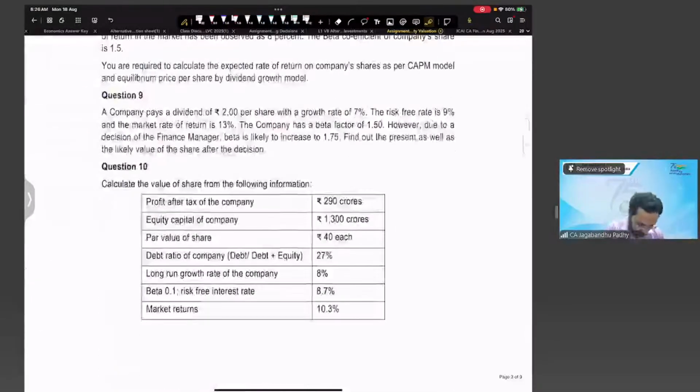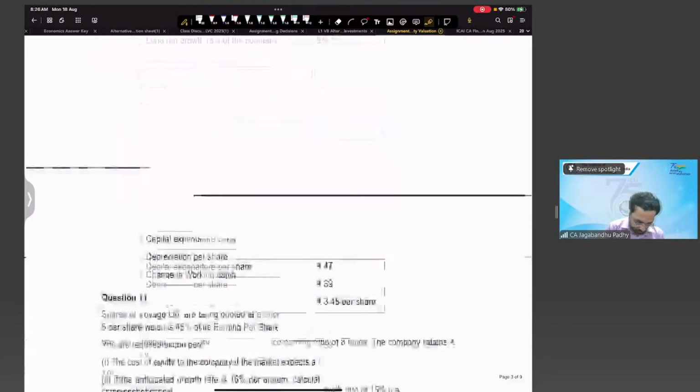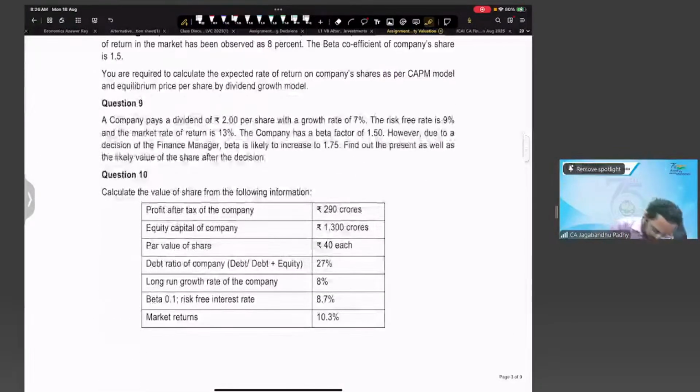Okay, so 7th is done, 8th is done. And now we have the 9th question. Let's go with the 9th question now. Anyways, 10th is done, right?